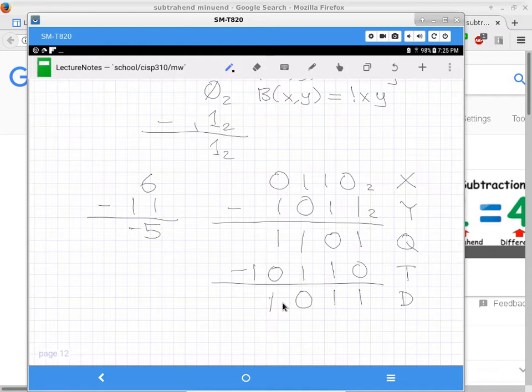Now, the base 10 one can also be treated the same way. If we want to use just borrow, without using negative quantities, then you can say 6 minus 1 is 5 itself, right? And then 0 minus 1 is 9 with a borrow, and that's it.